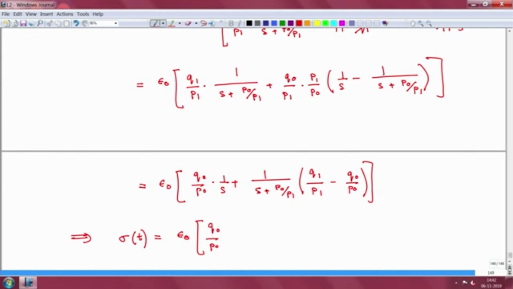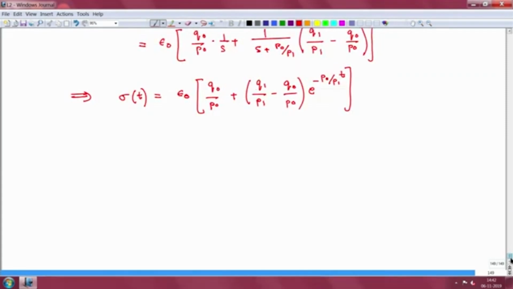So, this is just the fraction, and here you have Q1 by P1 minus Q naught by P naught, e to the power minus P0 by P1 t. So, if I divide these two, you have sigma t by epsilon naught, which is the stress relaxation function. We are seeking that anyway, and it will have two parts.